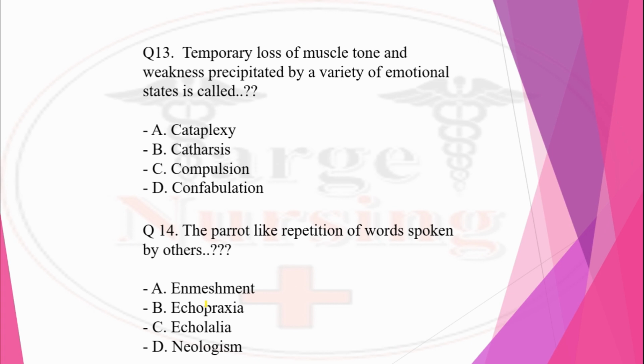So temporary loss of muscle tone, weakness precipitated by a variety of emotional states is known as, A option, cataplexy. It is a temporary loss of muscles and weakness precipitated by a variety of emotional states.